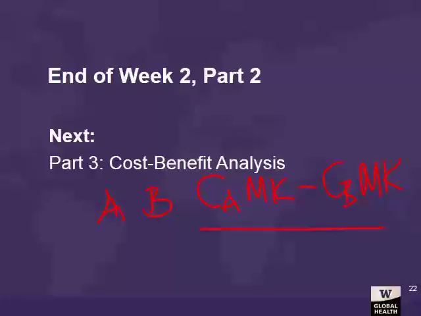And then we would have maybe effectiveness of A minus effectiveness of B, but the effectiveness would be in our clinical measure. This would be a cost effectiveness. But if it was QALYs or DALYs, then it would equal a cost utility analysis.